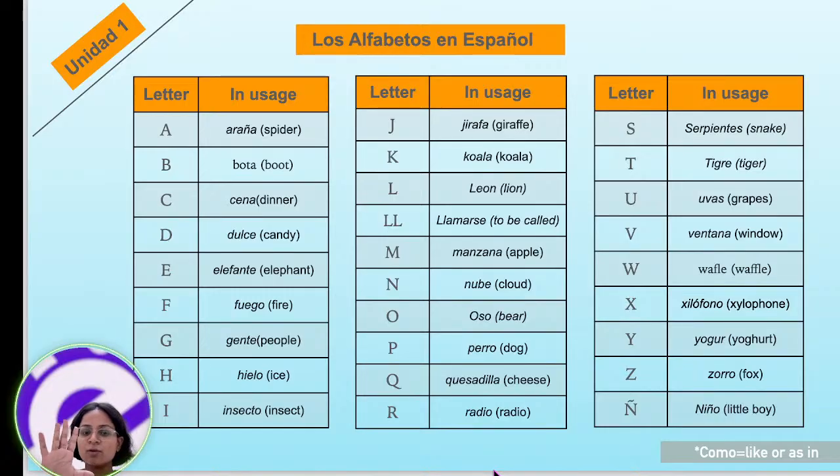So there is no relation of the sound between the name of the letter and how I'm saying it in a word. So xilófono, X is the name of the letter. Xilófono is how I'm going to pronounce it in a word.